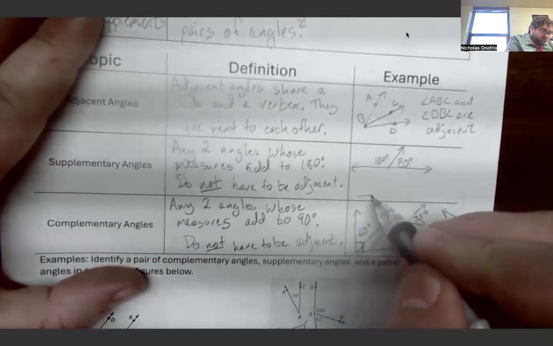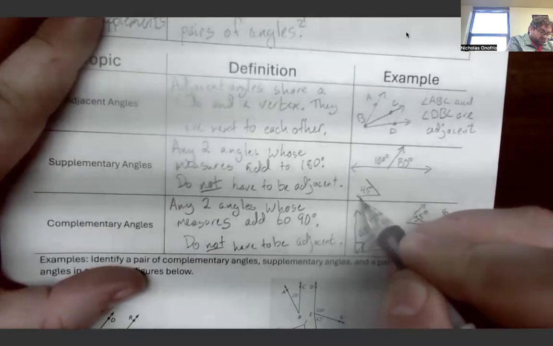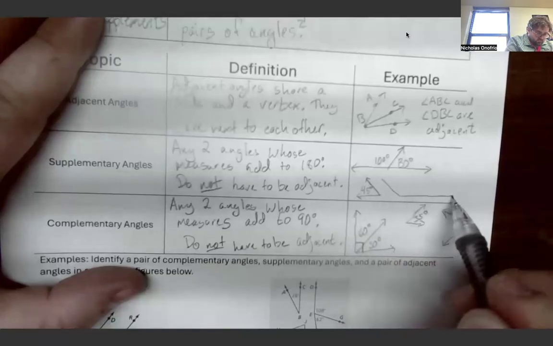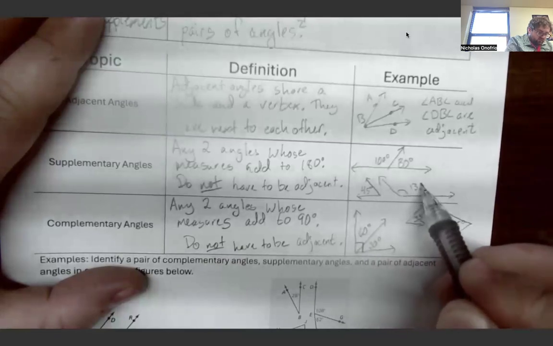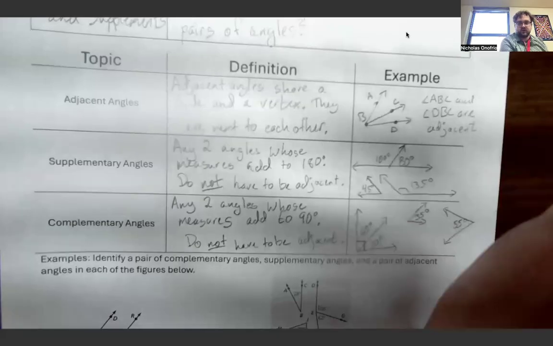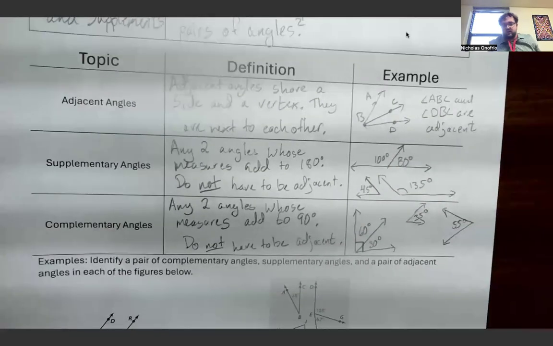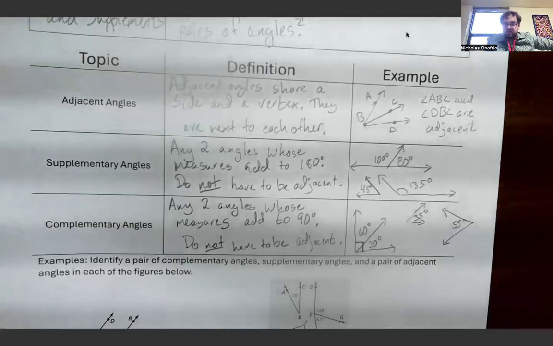You could have one angle of 45 degrees and one angle of 135 degrees. Any measures you like, as long as they add to 180. All right. Go ahead and take a second to write it down. I'll have you pause the video here.